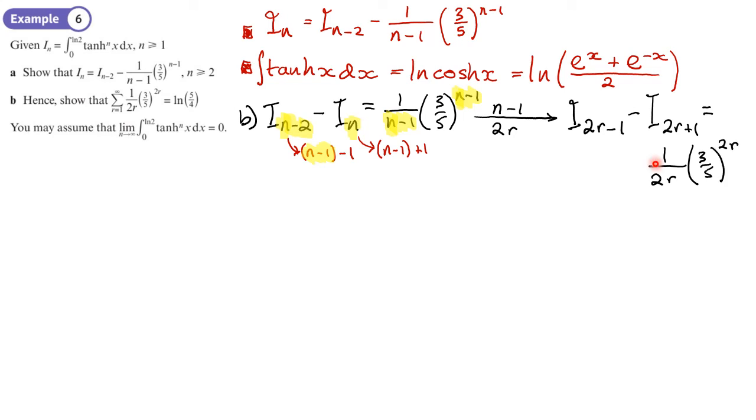So now what you'll notice is this looks exactly the same as this here, apart from the sum.